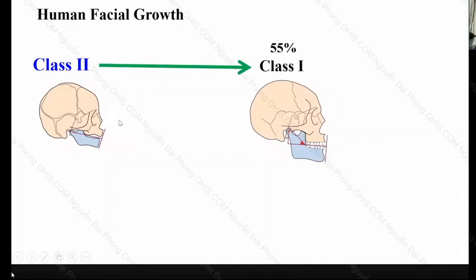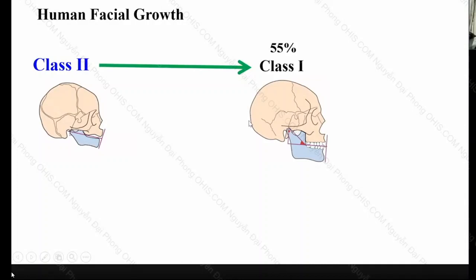We start as class 2 skeletal, then someday they establish the class 1 skeletal. I think this is maybe at age 5, 6, 7 years old.